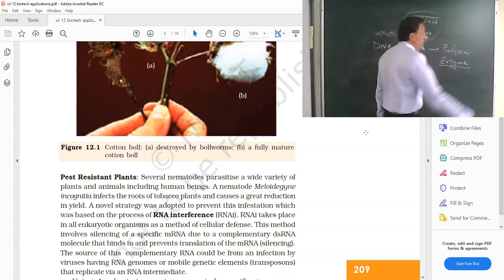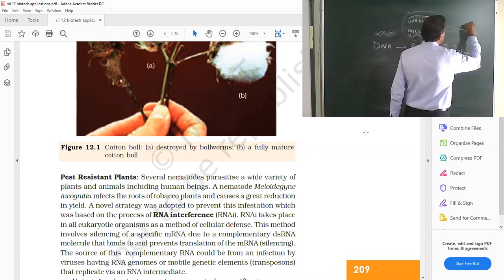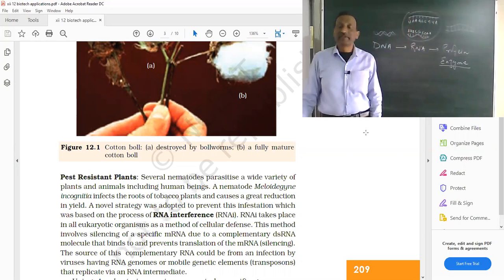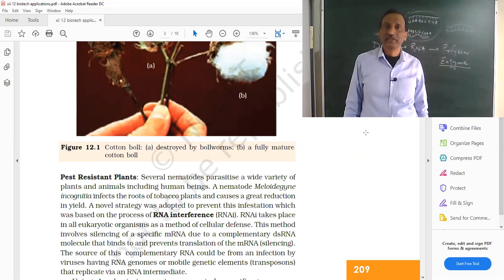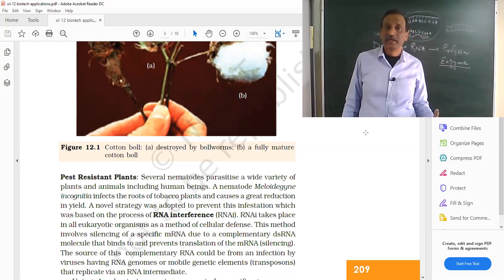Sorry, I am wrong here. RNA is not helical, but whatever. So it is a double stranded RNA. So when it is a double stranded RNA, how will it express its function?